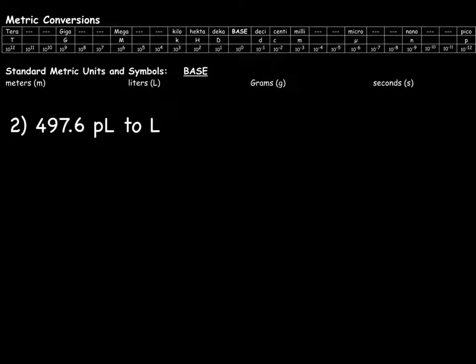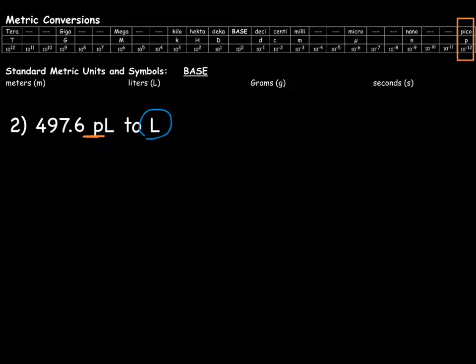All right, so again, we need to find our prefixes. So our known prefix, or the one we're starting with, is a P, which is, see if we can find that. Well, there it is there. It's pico. And then we're converting to L, or liters. There is no prefix there. So what do we do?